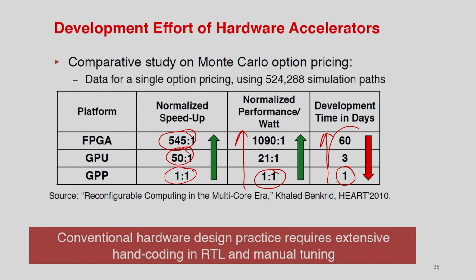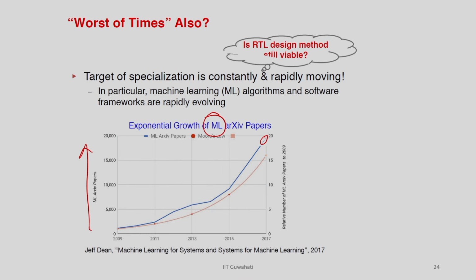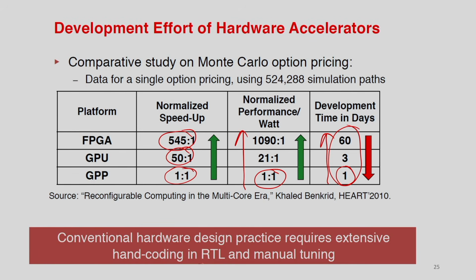So, this is the kind of advantage you have to look into, and this is where our course comes in handy. Now the question is that we have this many applications, and we need a specialized chip for all of them. Is it possible to develop everything in RTL?